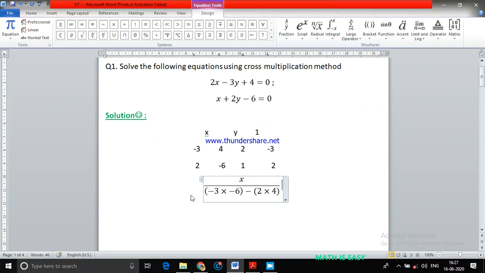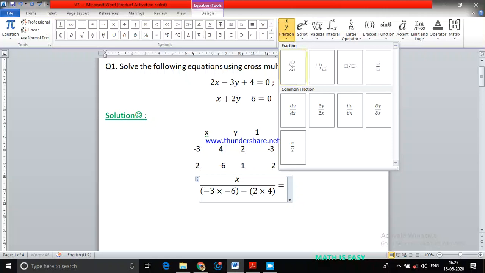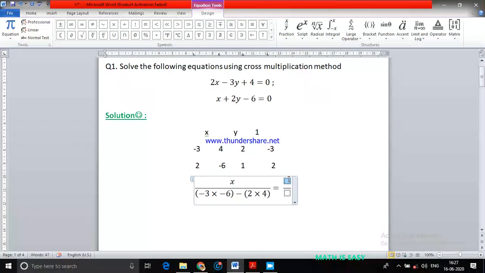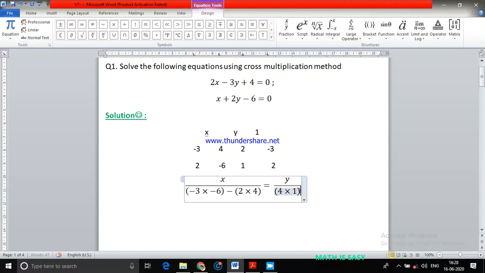Okay, so this is how you have to multiply. Then the next fraction will come as y upon, here also 4 into 1. I have to maintain the bracket: 4 multiplied by 1 minus, now minus 6 into 2.